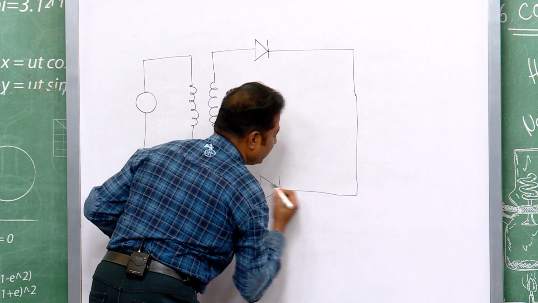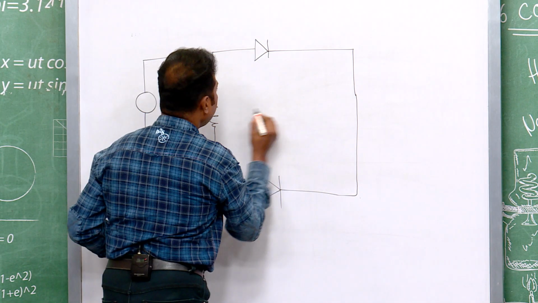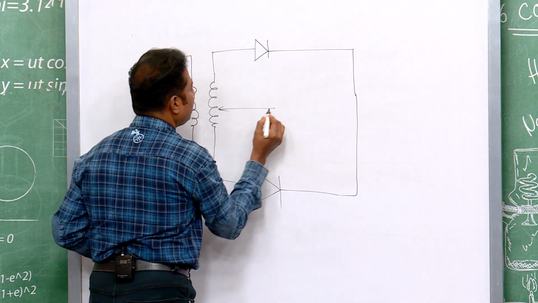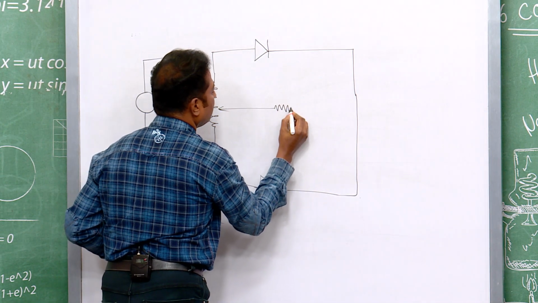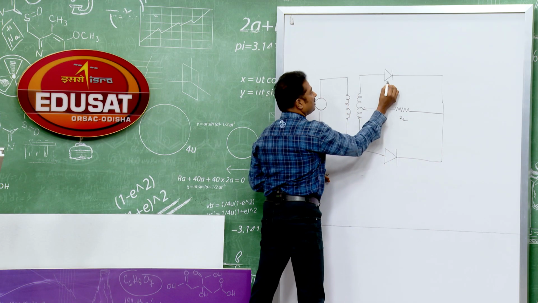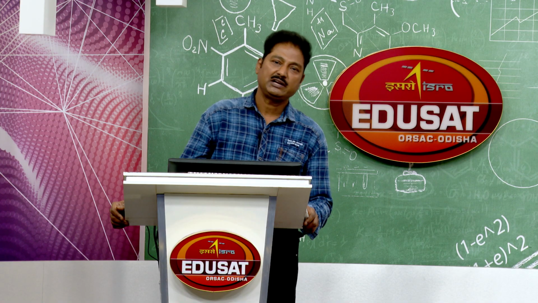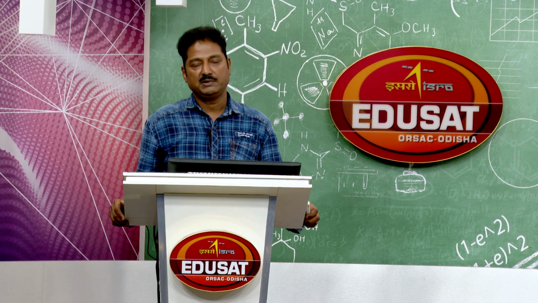The circuit will be somewhat different. You will be having a center tapping, and this is your load resistor, diode 1, diode 2. So, half wave rectifier is completed.